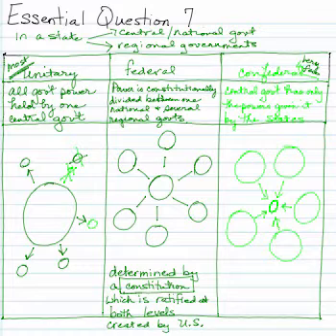It can give these local governments whatever kind of power the central government wants it to have. It can also take those governments away. If they decide they're not doing what they want them to do, they can get rid of them. So in a unitary government, all the power that is held by the government is held by one central government. It can sometimes be delegated to local branches, but can be taken back at any time.